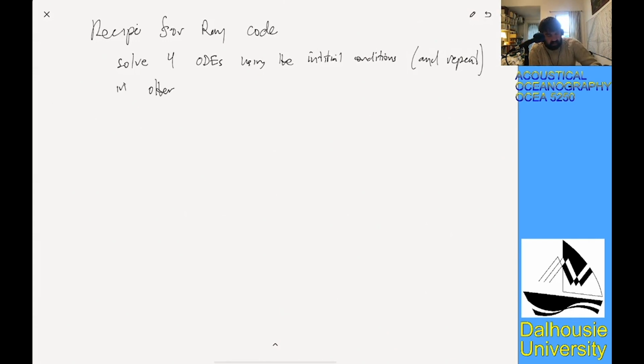So in other words, we have some vector y equals f of x, y, where y is a function of r, z, psi, and zeta.